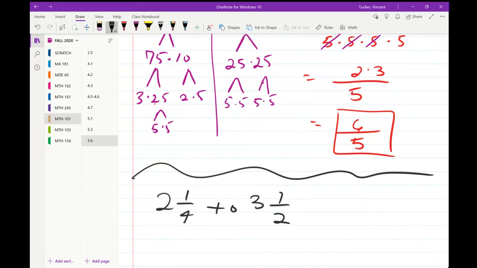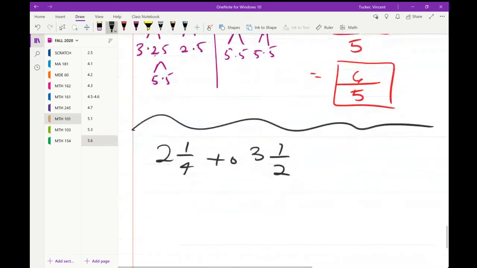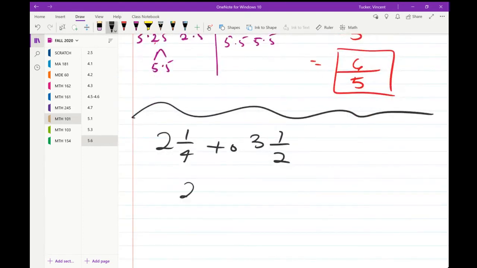All right, so we have 2 and 1/4 plus 3.5. And we're going to set it up as a ratio. We'll set it up this way.